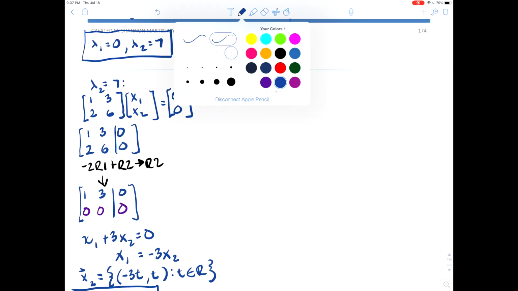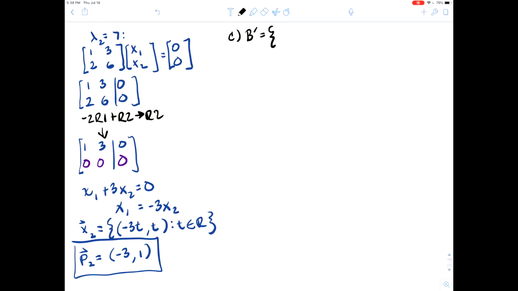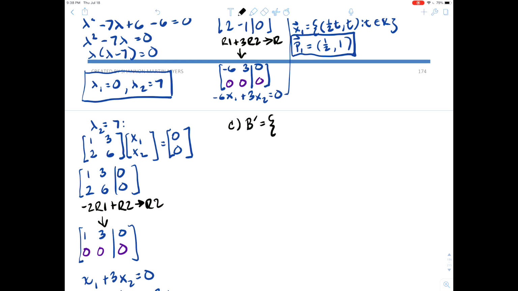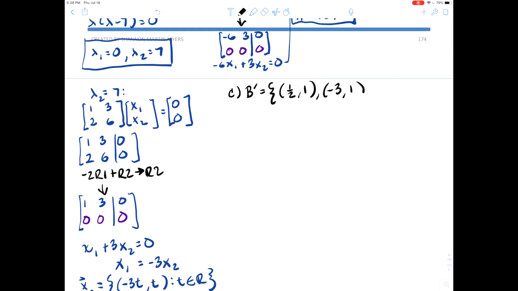So now our part C is telling us to use this basis, B prime, that we just found. And so our first vector was (1/2, 1) and our second vector was (-3, 1). We know that B was equal to the standard basis that was given, and so that's 1, 0, 0, 1.